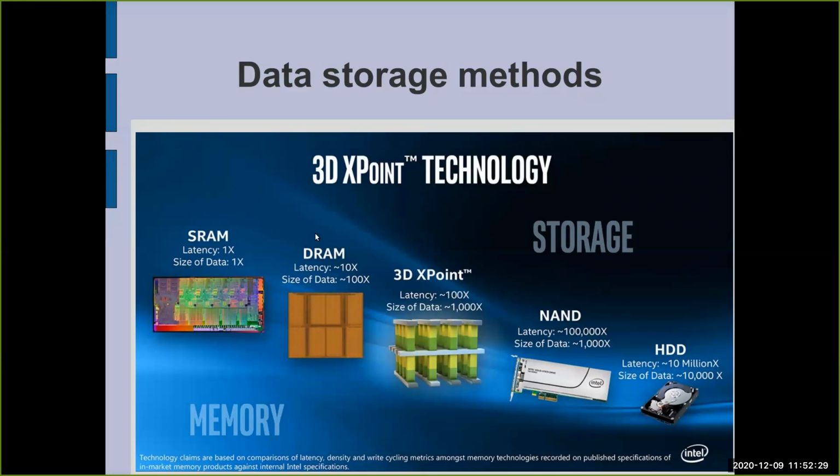So it is DRAM, and its latency, which is related to the time between when we request data and when we get data, is 10 times bigger than in the case of SRAM. What is SRAM? SRAM is even faster than DRAM. This memory is located next to the processor, next to the core. When you buy a processor, in the specification you can find something like cache, L1, L2, L3.